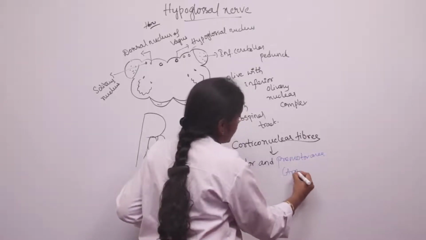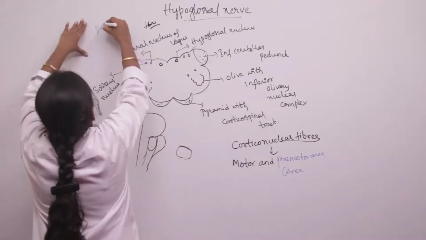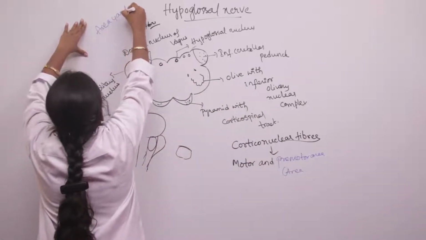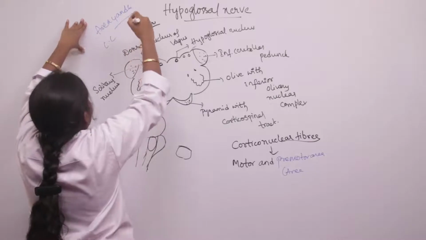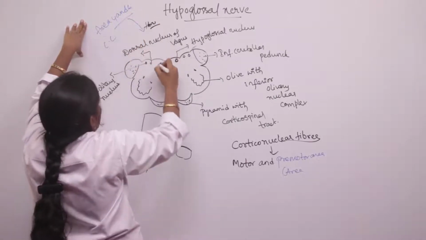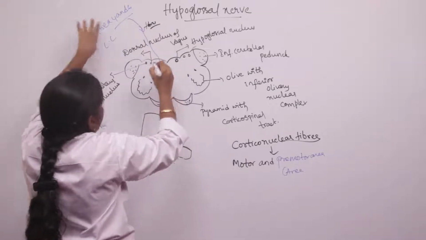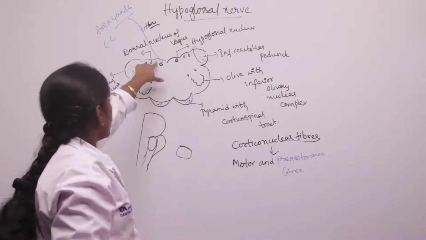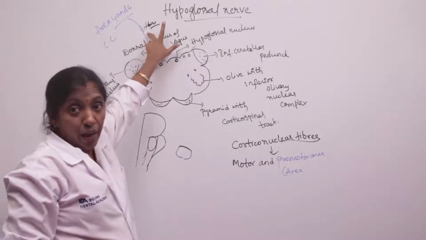The fibers from areas 4 and 6 of the cerebral cortex reach the hypoglossal nucleus through corticonuclear fibers.